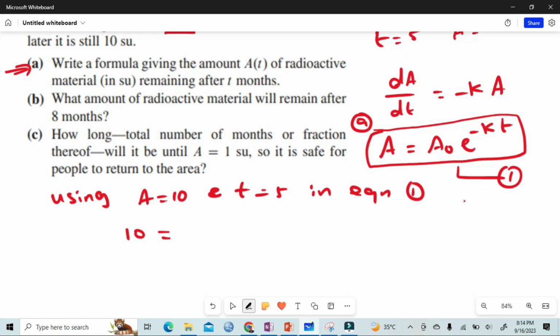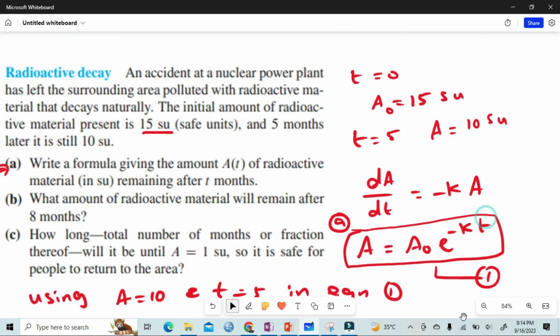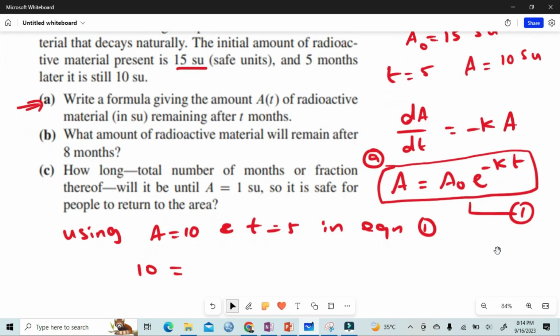A0 is what? In the initial stage, A0 was 15 and it is reducing. 15 e raised to minus K and 5 is T.